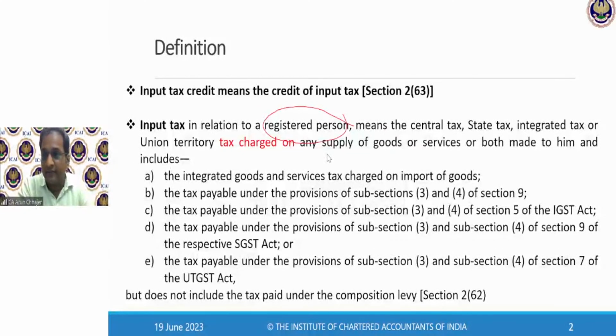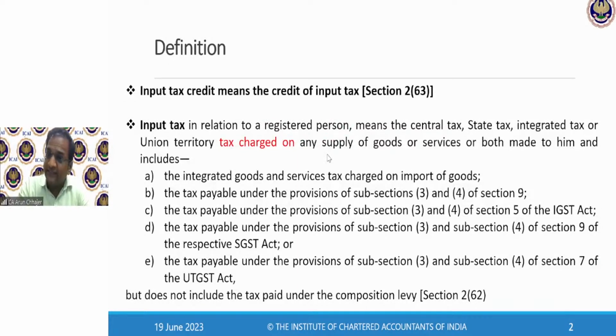It appears that if I am an unregistered person, can I take the ITC? Just give in the chat. Please answer my question. If I am an unregistered person, can I take the input tax credit or not? Answer is no, because section 2 clause 62 defines the term input tax in relation to the registered person.